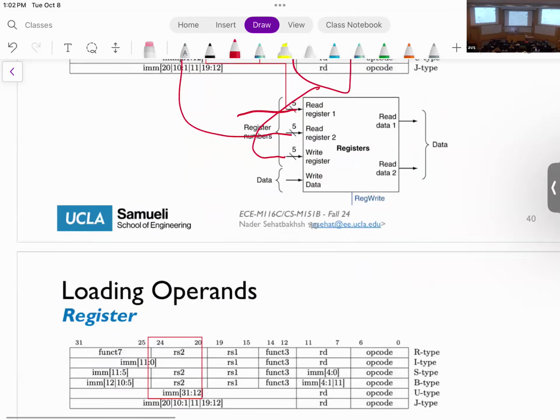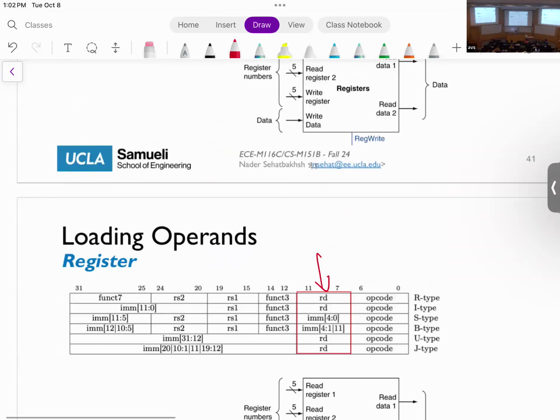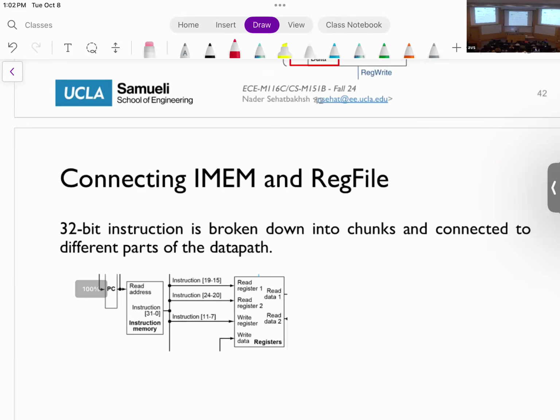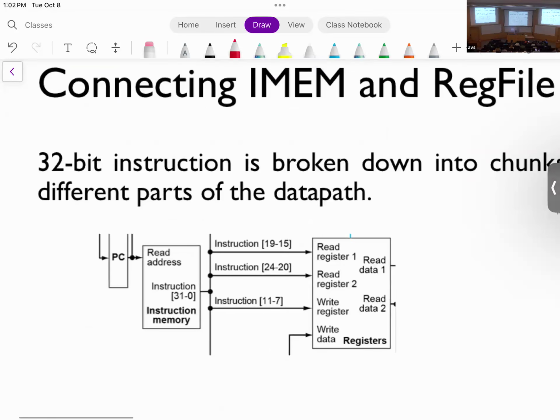Okay? So as I said, this is for RS2, this is for RD. So we're going to connect these guys together. All right? So now let's actually create some form of a big picture. Remember I told you that we provide the PC. Let's say, for example, the lower 10 bits are connected. Then I'm going to read 32 bits, so this is like 32-bit lines.